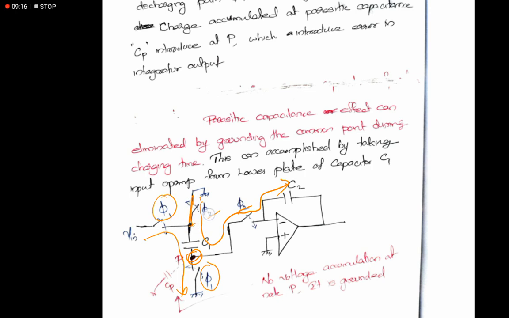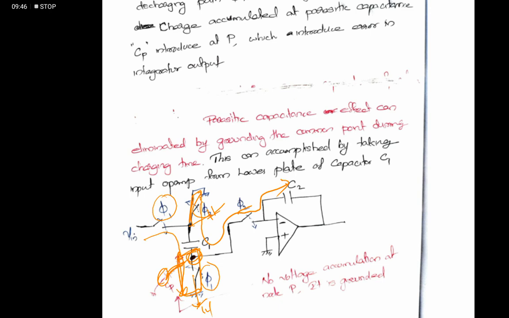If there is some parasitic capacitance here, it will be discharged like this. And if there is a parasitic effect from these elements, it is already grounded during the charging time. So there is no charge in that parasitic capacitor present at this terminal of the capacitor, and it has no effect in this type of circuit.